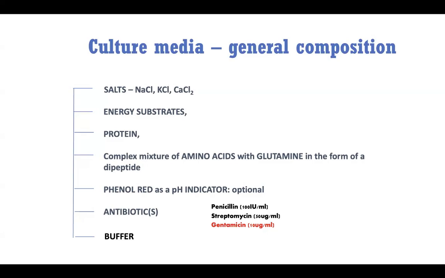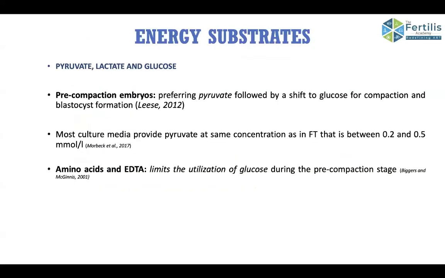And there has to be a buffer to prevent pH changes. pH might change due to temperature, it might change due to CO2 concentration. So these are important. This is the backbone of a culture media: salts, energy substrates, protein, amino acids, glutamine, then antibiotics and buffer. Very simple it looks, but it is very complex.